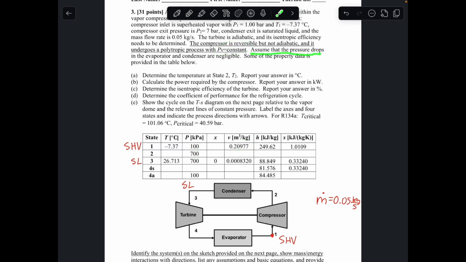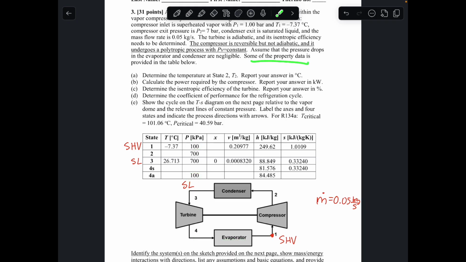Assume that the pressure drops in the evaporator and the condenser are negligible. So that means that the pressure at state 2 should be equal to state 3 because there's no drop across the condenser. We see that in our table as well. Those pressures are equal. And same thing in the evaporator. P4 should equal P1, and we do see that they are both at 1 bar.